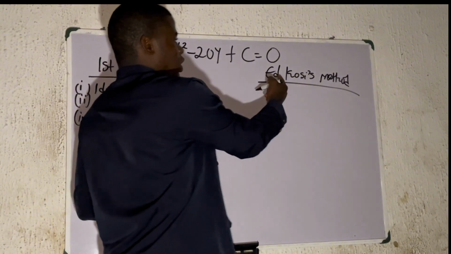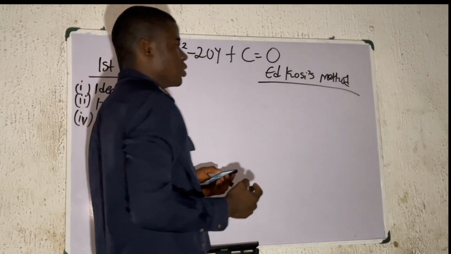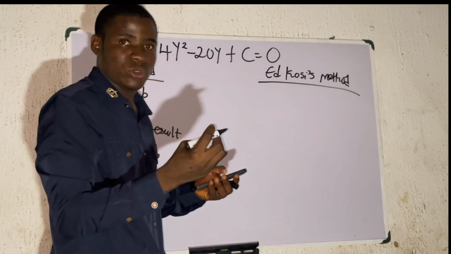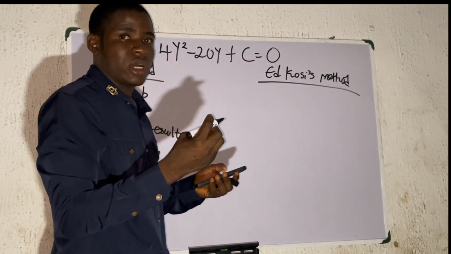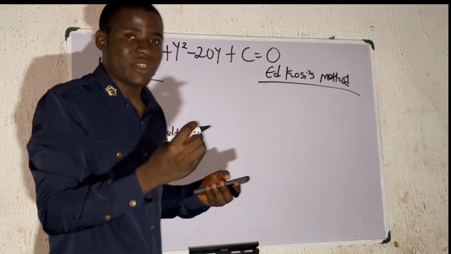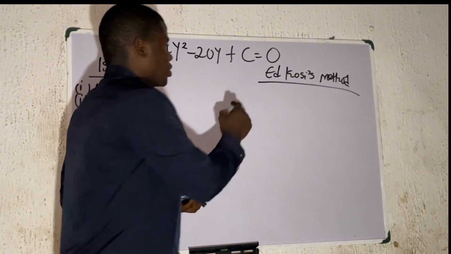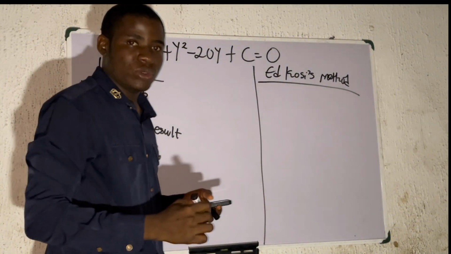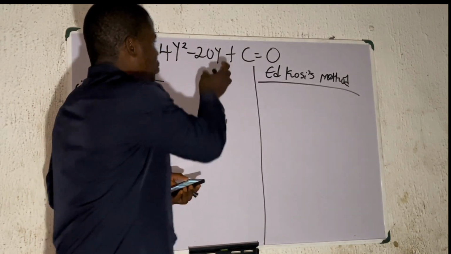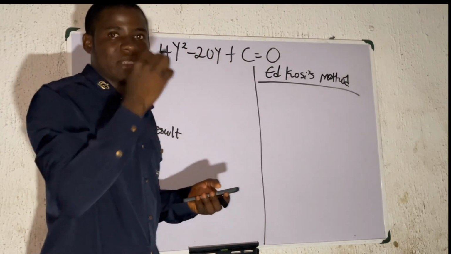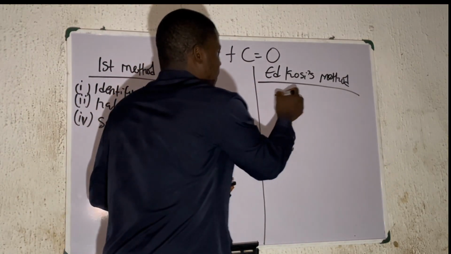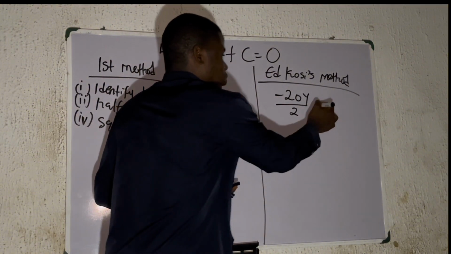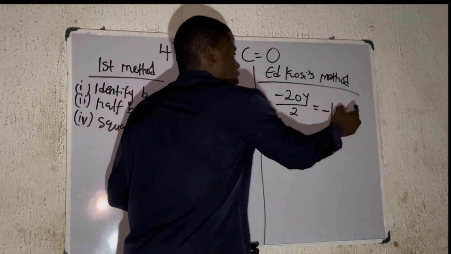Now, the Kosi's method is a reversal of the process we use to find whether a quadratic equation is a perfect square or not. The first thing I do in the Kosi's method is bring the middle term, minus 20y, and divide it by 2, which gives me minus 10y.